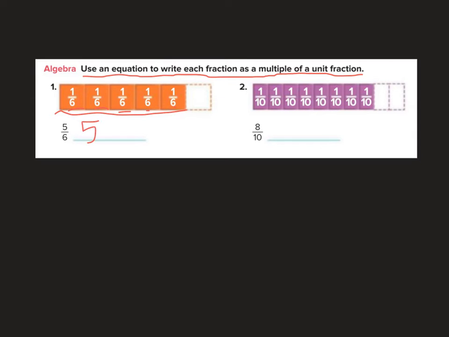So I can do 5 times 1/6. Here I have 8/10. So I can do 8 times 1/10. For 8/10, we could also do, kind of interesting, 2 times 4/10, right?